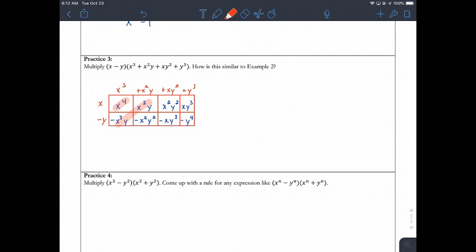Again, we can combine like terms diagonally. And something very similar to the last problem happens. We have x to the 4th minus y to the 4th. So we get this same type of rule here.